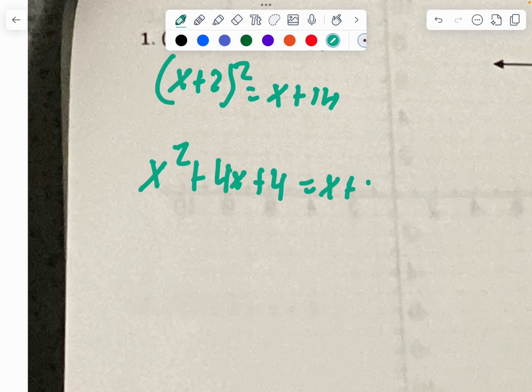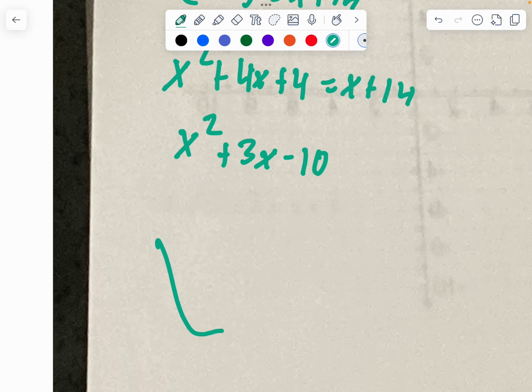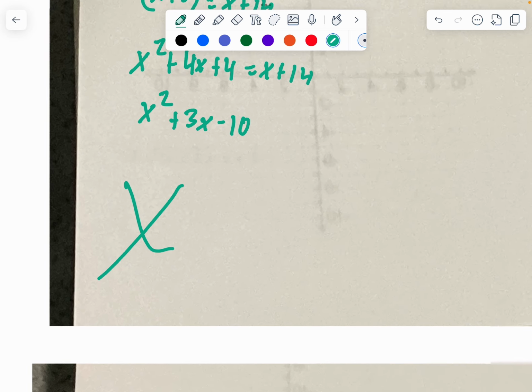Now you subtract x plus 14 from both sides. Now we can factor it out.